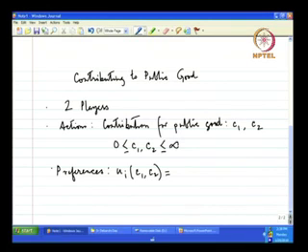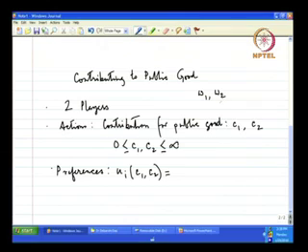Also I assume that to begin with players have endowments of W1 and W2, that is, their initial wealth, which are positive, and out of this W1 and W2 they decide how much to contribute or whether to contribute at all. If they decide to contribute 0, that means they are not contributing.